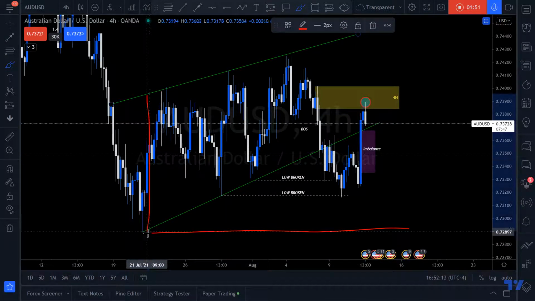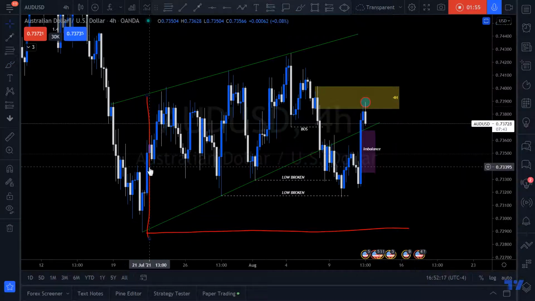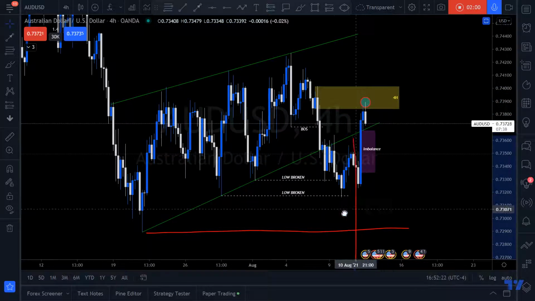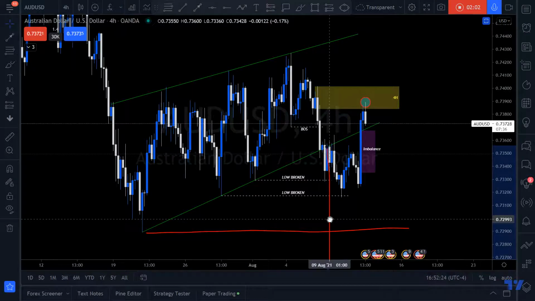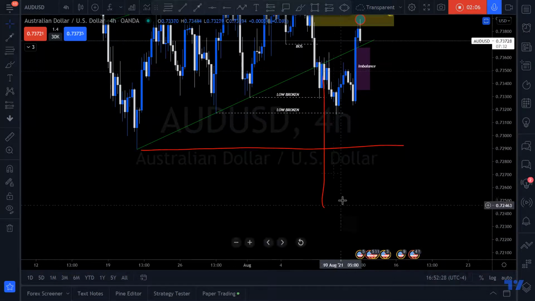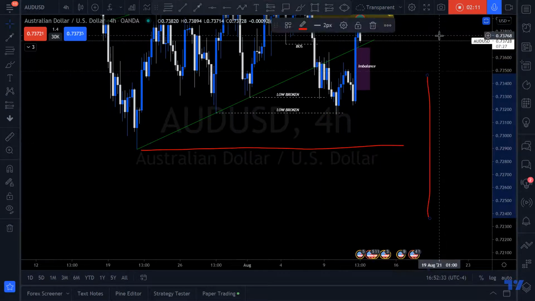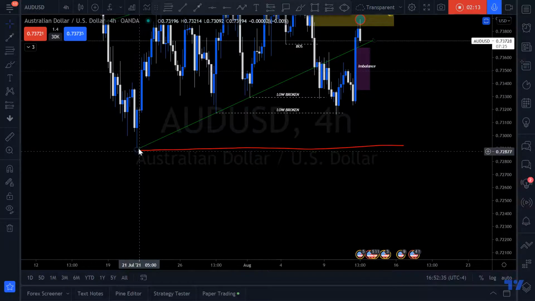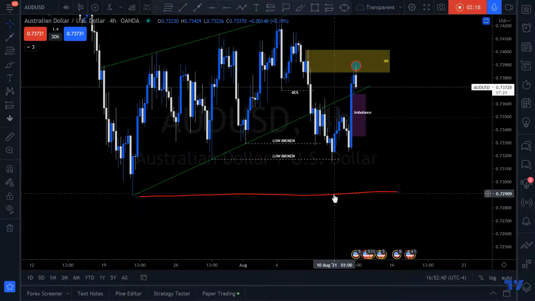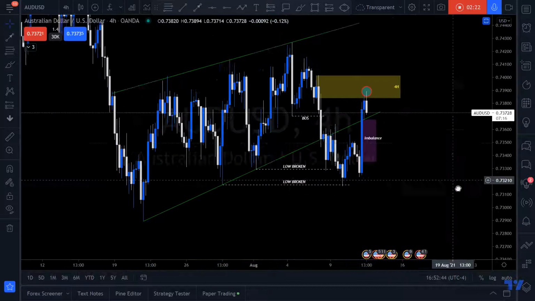If you measure it from there to there, and put it at the point of the breakout, you're hoping that it comes down at least that far. I always plan on taking it to the lowest point of the bear flag. That's what I do. Anything beyond that, I trail with a stop loss.